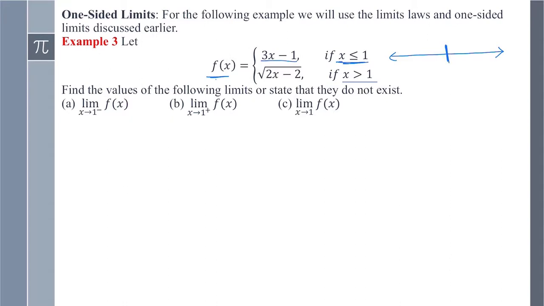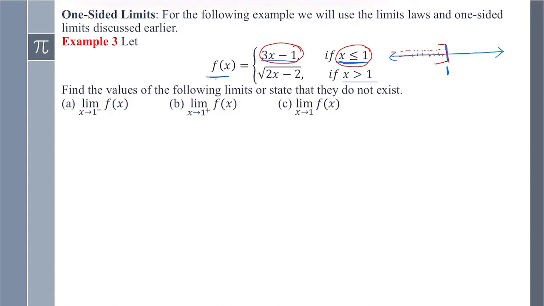The first says x is less than or equal to 1. That means the x values are over here, including 1 itself. So that is the domain of the first piece. If our x values are here, including 1, then we'll use this definition of the function.